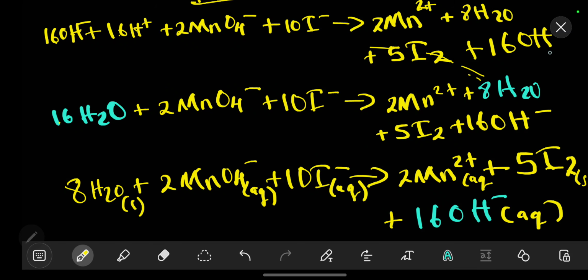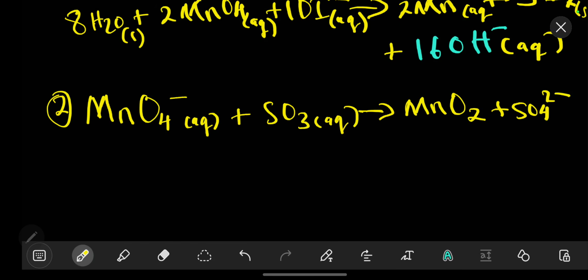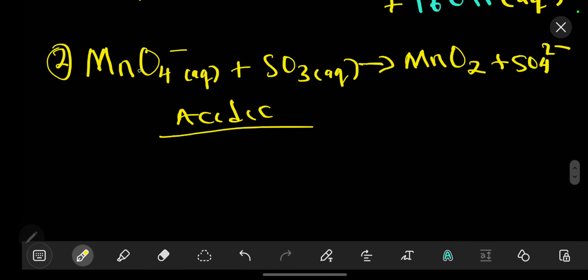So let's look at our next problem. Let's try out this one. We are balancing both in acidic and basic media. So let's begin with acidic. In acidic media, let's get the Mn equated to what is similar. So we have our MnO4 negative to become MnO2.